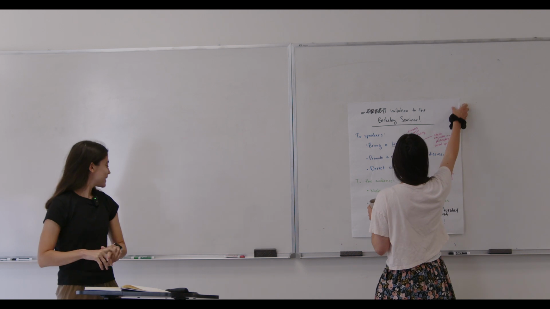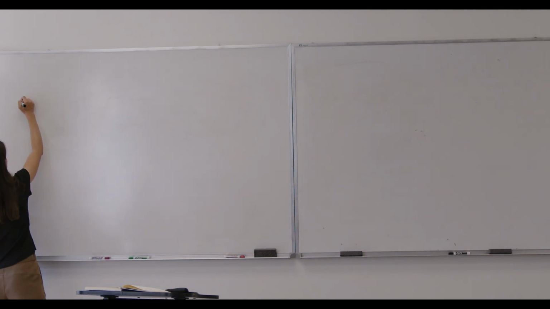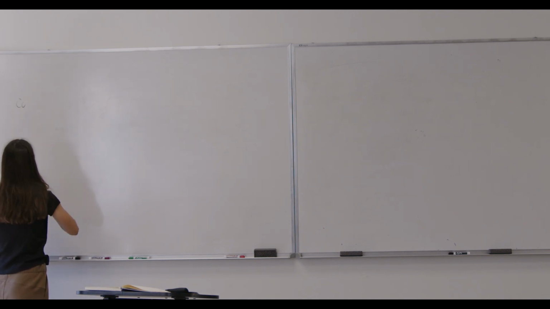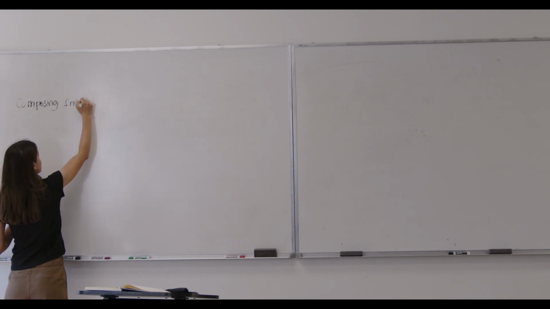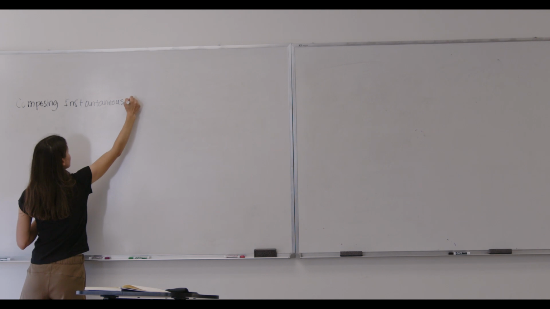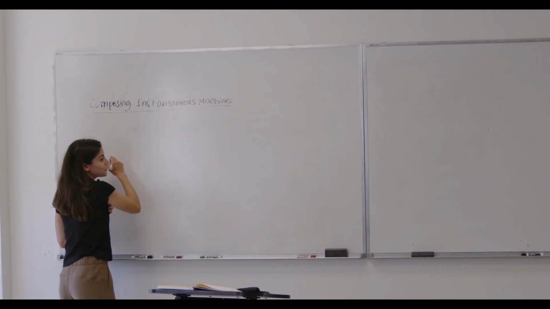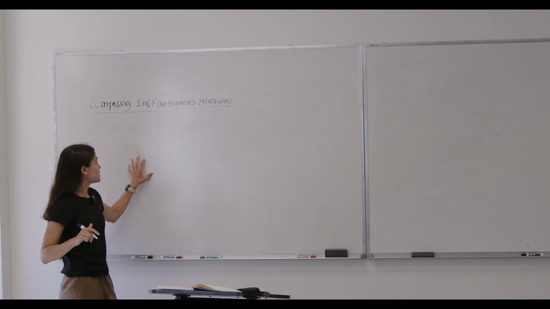Take it away, Keri. Okay, so today's talk is going to be on composing instantaneous machines. Before we get into that, we're first going to recap the definition of a Mealy machine.